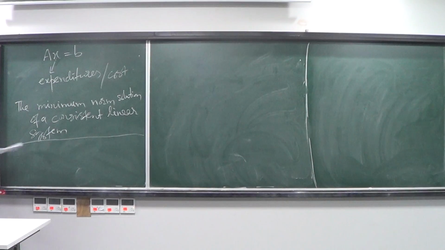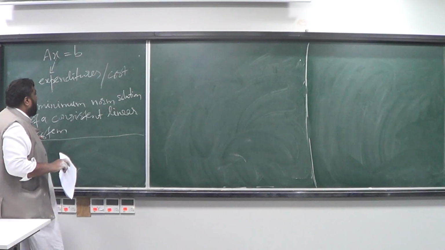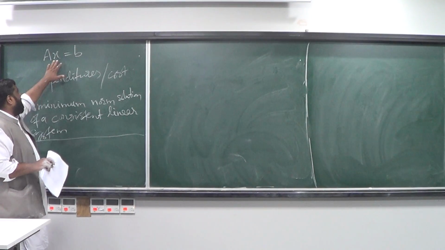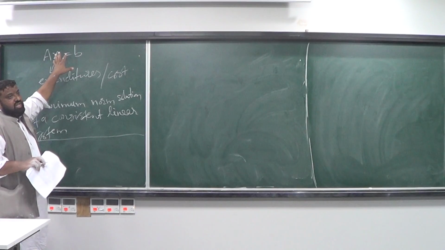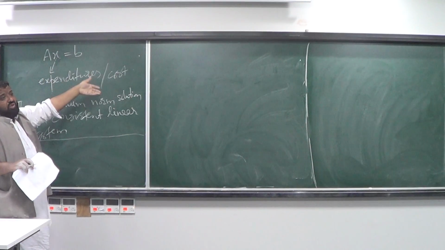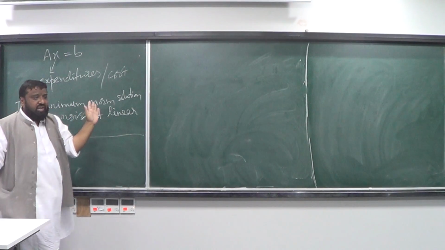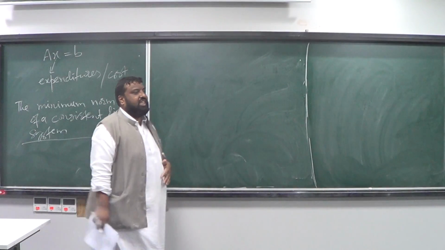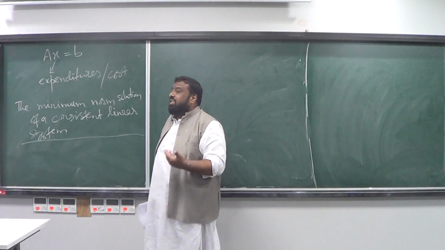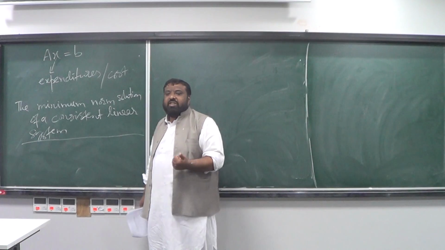If it is a consistent system, it must have a solution. The solution could be unique, and in that situation we can't do anything. But the more interesting case is when the system has infinitely many solutions.